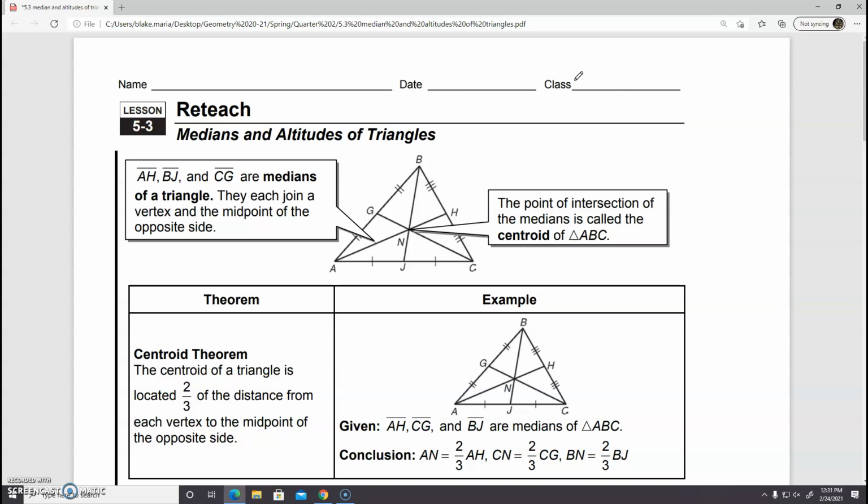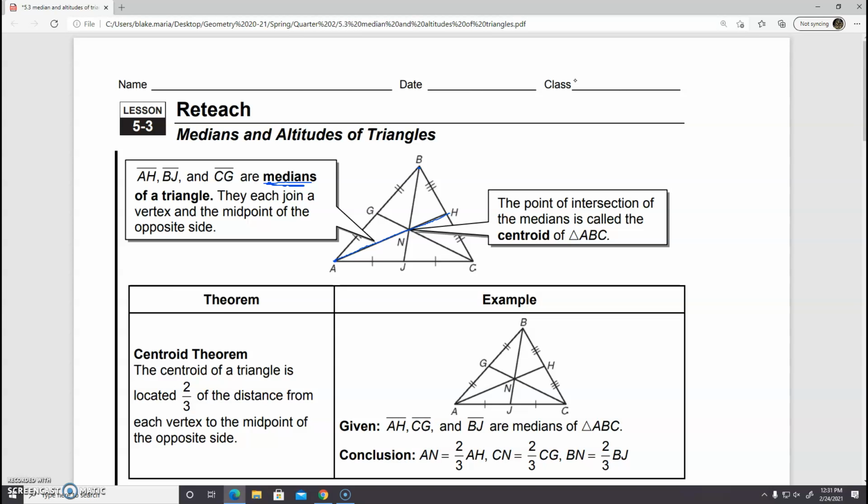So medians, right, with the wrong side of my pen. There we go. Medians are just bisectors. I will tell you they do have to start at a vertex. So A to H is a median because it bisected this side.